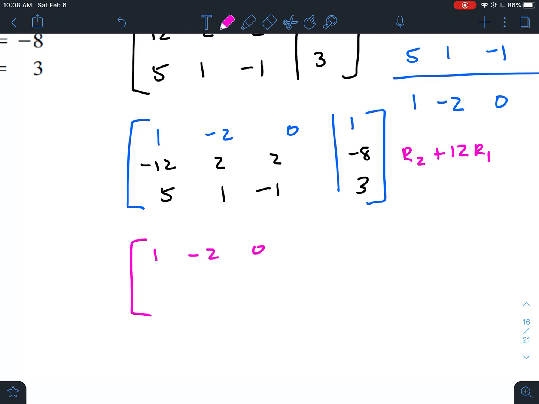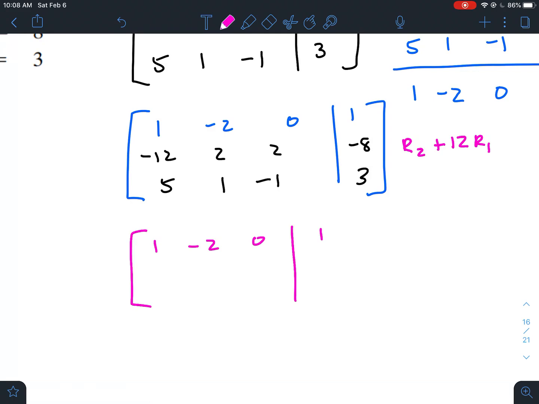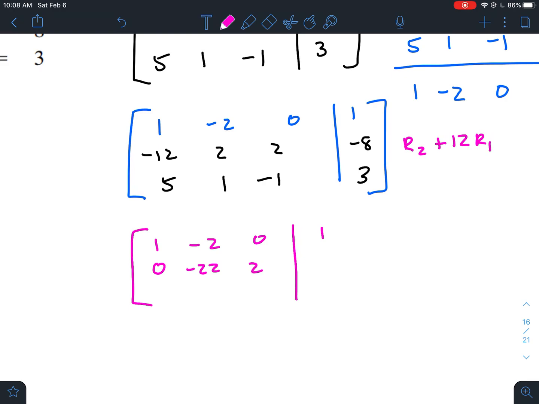So 1, negative 2, 0, 1. And then if I do row 2 plus 12 times row 1, I would get 0. 2 plus negative 24 is negative 22. And 2 plus 0 is 2. And negative 8 plus 12 is 4. And so that would become my second row.